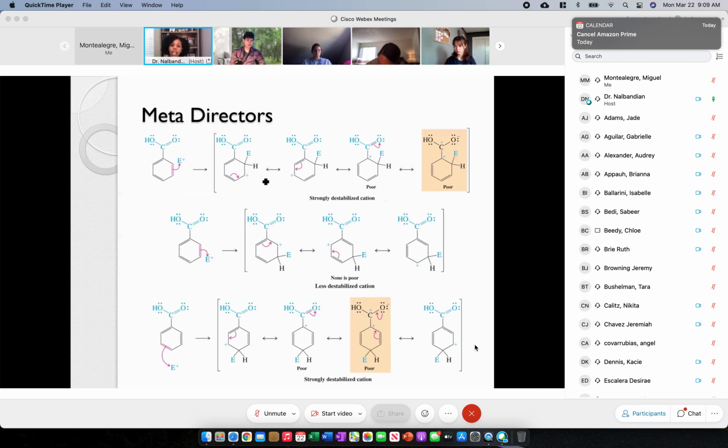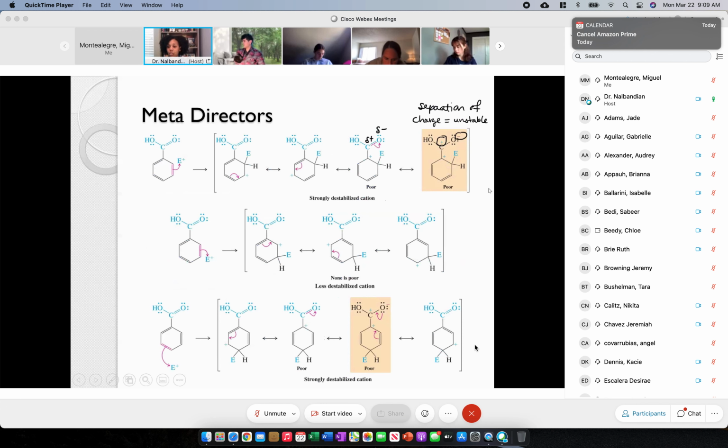Well, we have this oxygen here that has a partial negative. And so it can pull away electron density toward itself, where we end up with a full negative charge. And the carbon that it's bonded to has a full positive charge. But notice here, that's going to have two positive charges right beside each other. So we get this separation of charge that is very unstable.